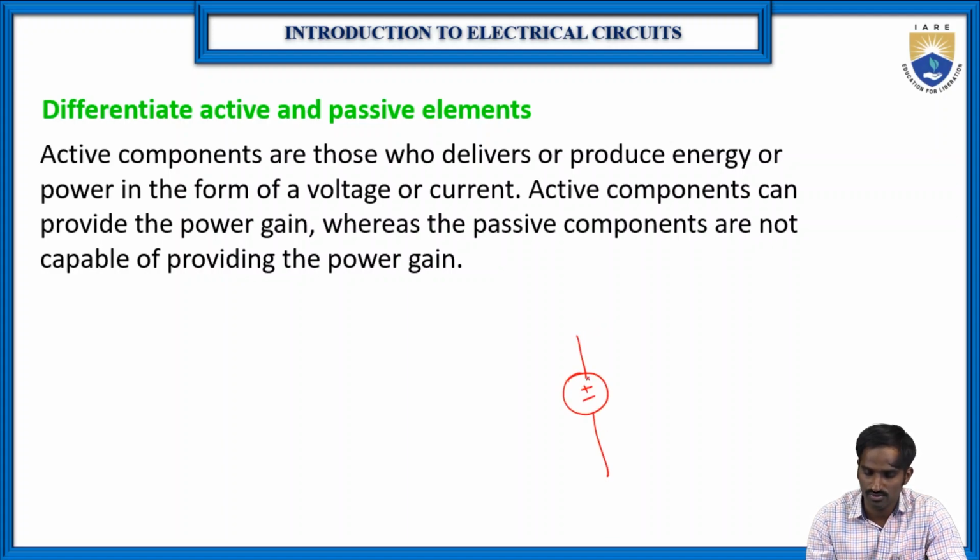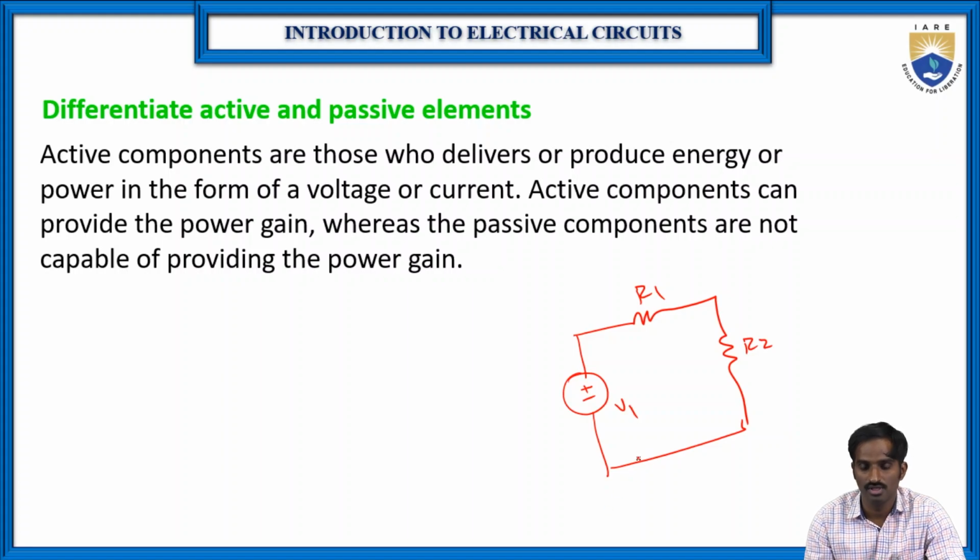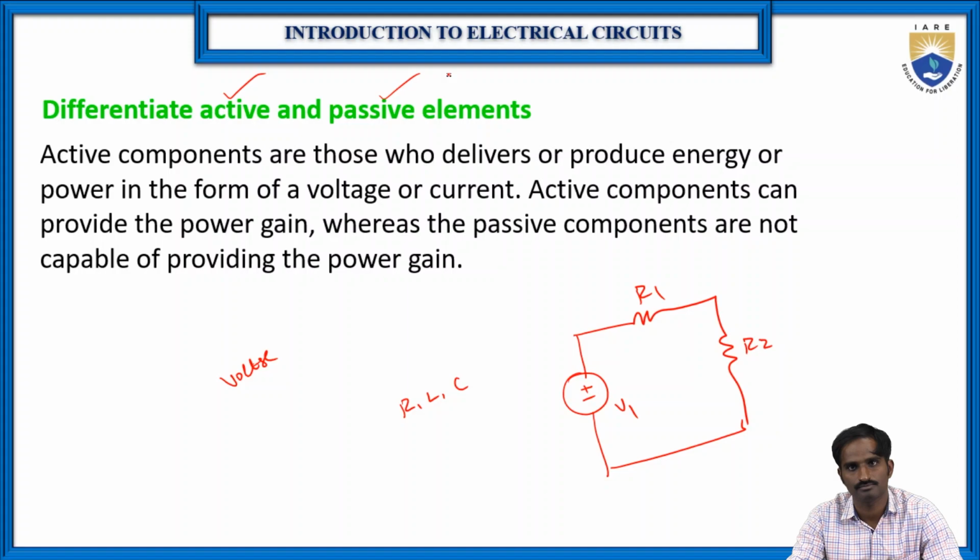This is the voltage source V1, and this is the resistors R1 and R2. Here V1 is an energy supplying element, and R1, R2 are energy consuming elements. So all voltage or energy sources are called active elements, and all energy consuming elements like resistor, inductor and capacitor are called passive elements.